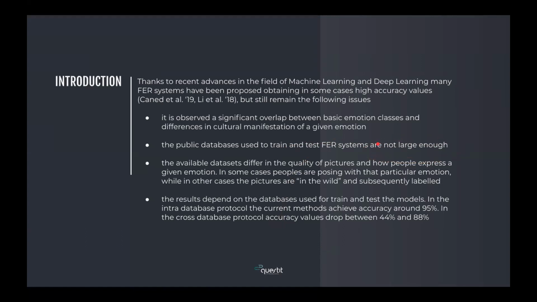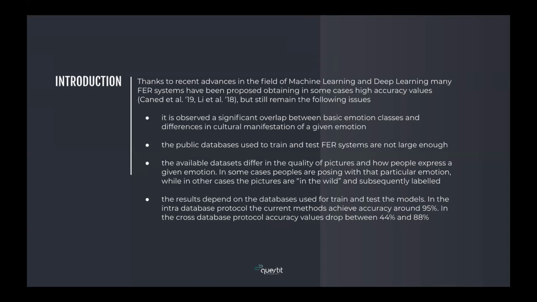The available datasets differ in the quality of the pictures and in how people express a given emotion. In some cases, people are posing with that particular emotion. A person is required to make an expression, then I take a picture and label that image with that particular emotion.